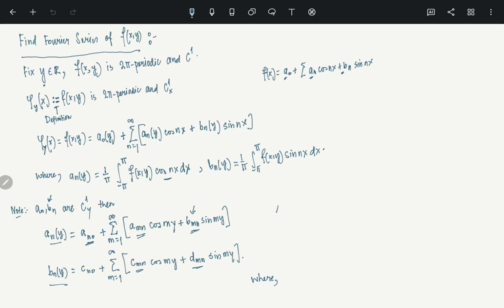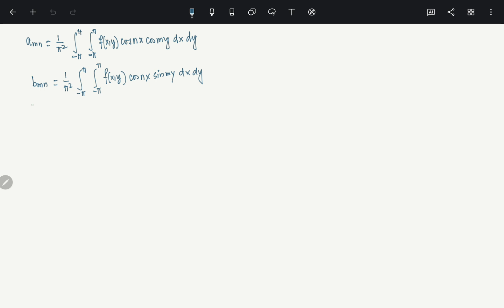Think about it. What is Bmn? This particular coefficient Bmn is the Fourier coefficient with respect to the sine part, so it will be the integral with that sine part there. That's what I am writing here. Similarly, what is Cmn? It is essentially the same sort of thing: integral minus pi to pi, f of xy sine nx cosine my dx dy.